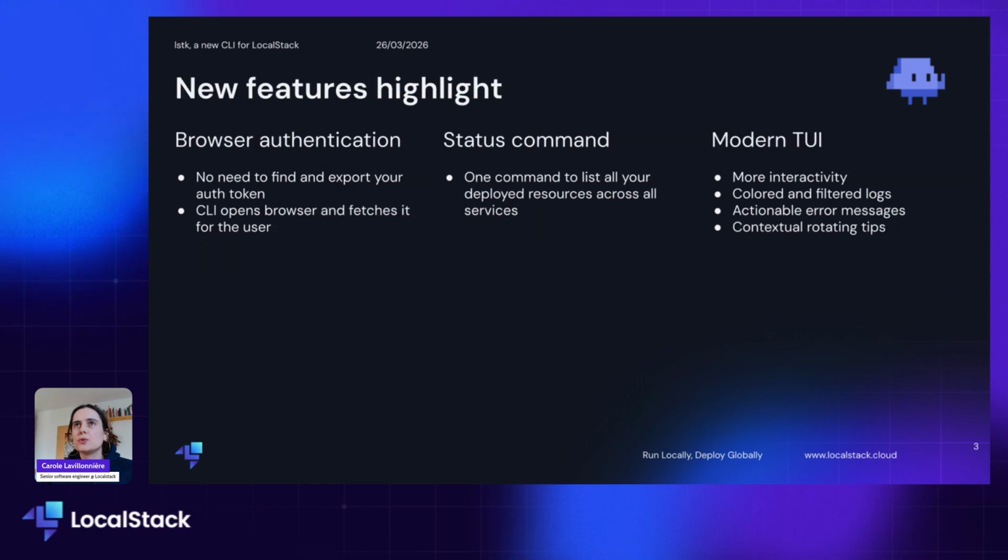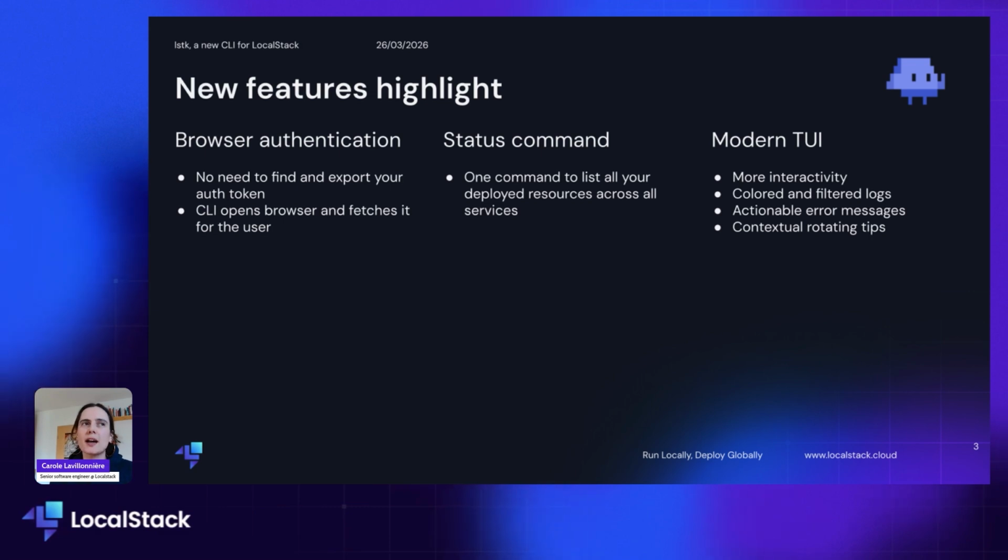Now, I also wanted to tell you about what we think are the highlights, the nicest features of lstk. Number one, I think, is the authentication, which is much simpler than what you experienced with the V1 of the CLI.